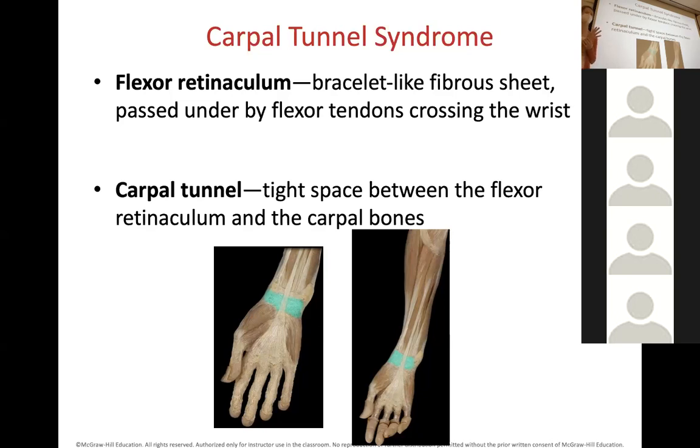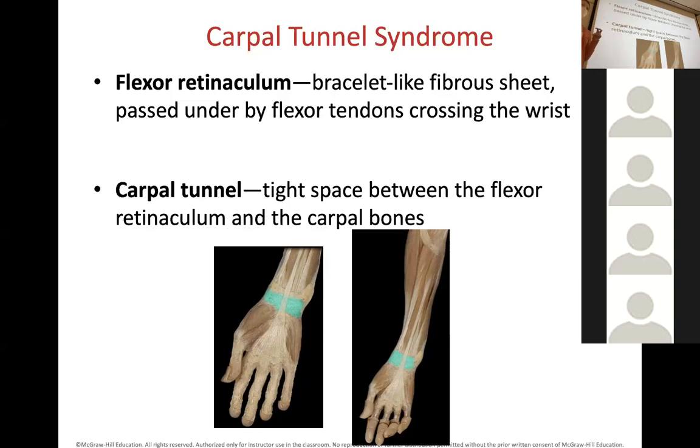It deals with the wrist, and it's basically pain caused by a nerve being pressed on in the wrist. A little bit of anatomical background here. Around the wrist, you have something called a flexor retinaculum, which is a fibrous connective tissue sheath that crosses over the wrist.